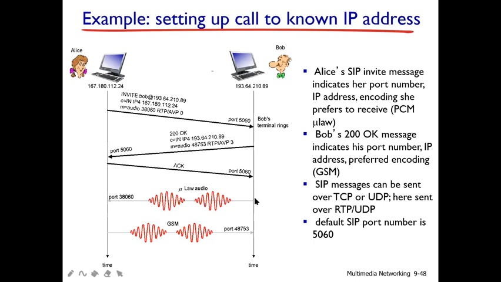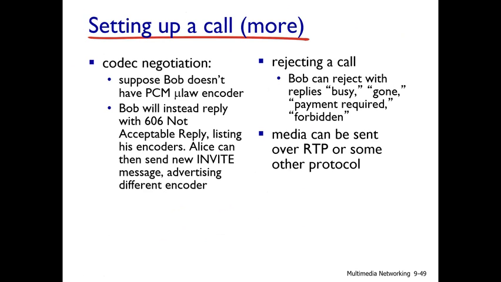Then we can send our multimedia audio or video files over that. It will create the RTP port number, and it will transfer the audio and video between the client and server, or between Alice and Bob. In this way we set up the call and see how the IP addresses are working out. So this is the example of your SIP.